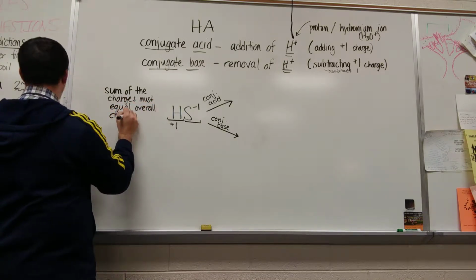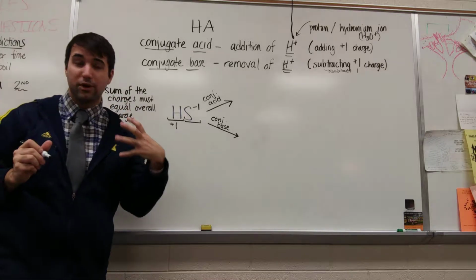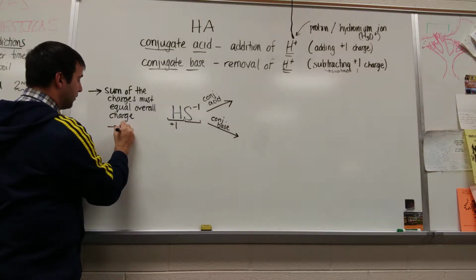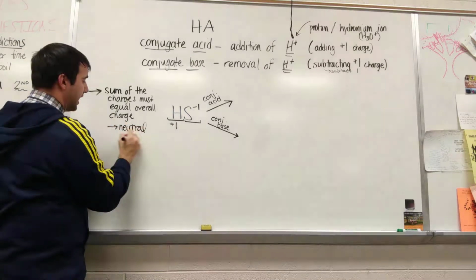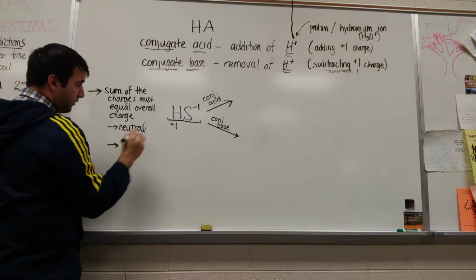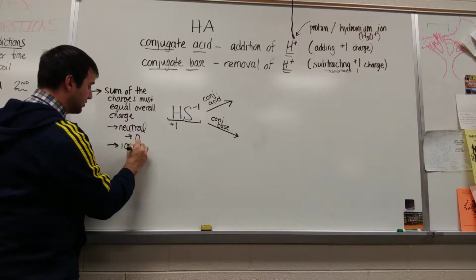These are just some from old notes. For a neutral compound where I don't show you a charge, that means it must add up to 0. For a polyatomic ion, it must add up to whatever the ion charge is.